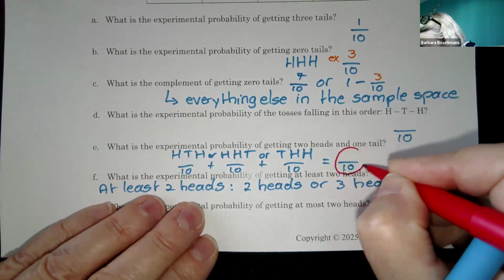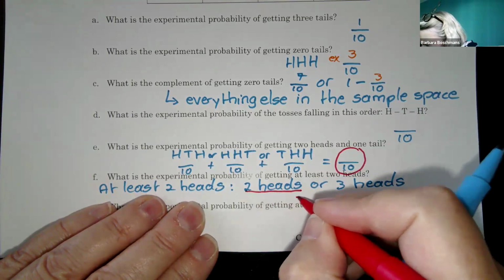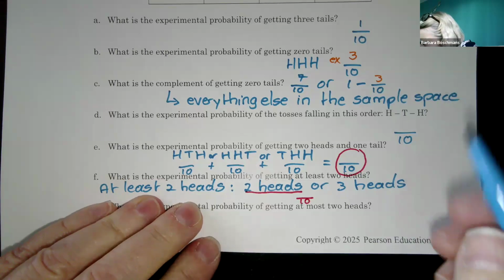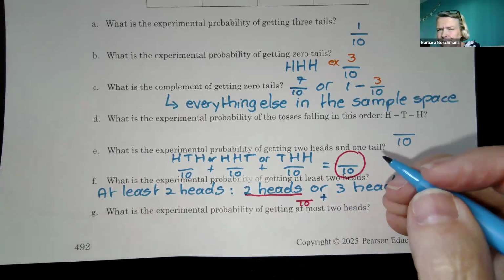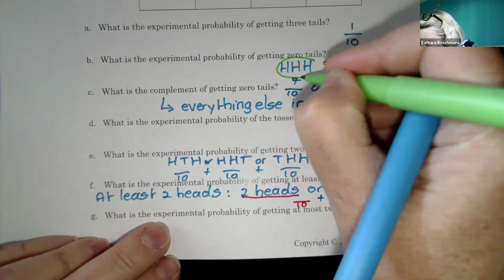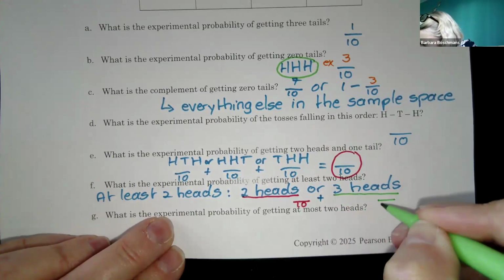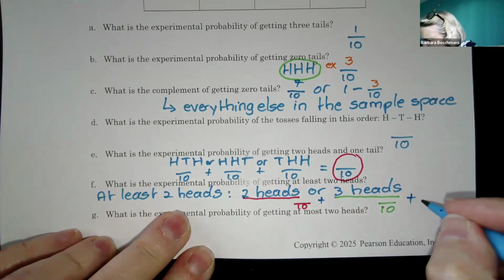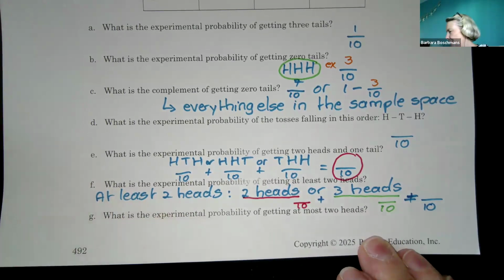So whatever you have here, that's the 2 heads. So write something down over 10, and 3 heads is your answer to B. So for B, right here, we have 3 heads. That's going to be something out of 10 as well. And then you're going to add those together. Oops, equals, not plus. Add them together, get something out of 10.